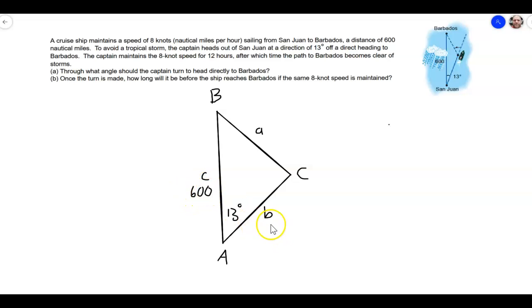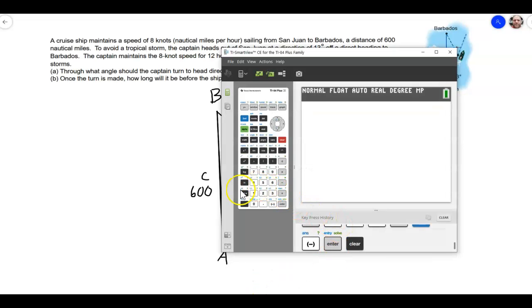And we can pretty easily find out what this distance is here, because we know we're going 8 miles per hour for 12 hours. So we just multiply 8 miles an hour times 12 hours. So 8 times 12 should be 96.